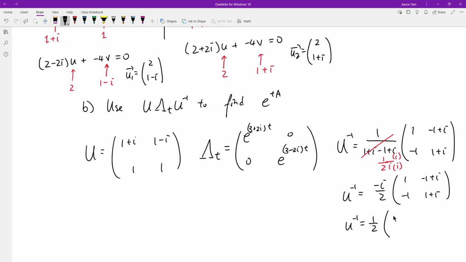And so that becomes negative i times negative 1 plus i would be negative i times negative 1 becomes positive i, and negative i times i is negative i squared, which becomes plus 1. Negative i times negative 1 is positive i, and then negative i times 1 plus i would be negative i, and then minus i squared.